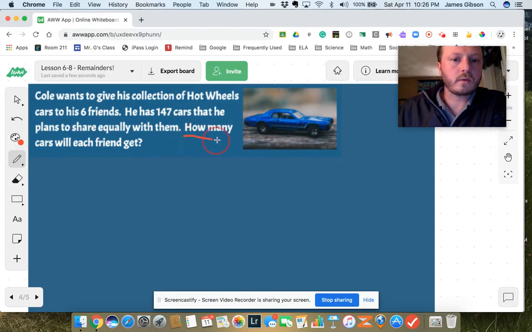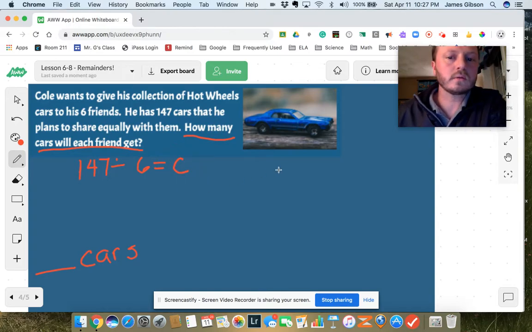Okay, so our question is how many cars will each friend get? So our answer is in cars, right? And we have a number model of 147 divided by 6 equals C, I'm going to use C for cars.